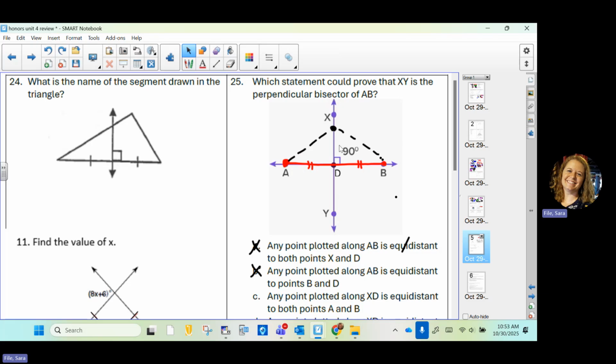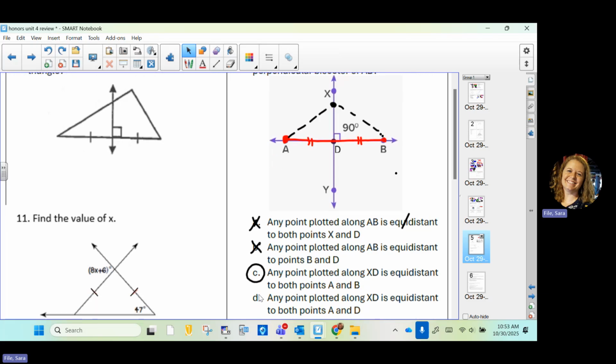So any point that you put on here, so that includes the X, the D, the Y, and any other location on this line, is going to be equidistant from A and from B. Okay, that's what the perpendicular bisector theorem told us. So yes, that one makes sense.